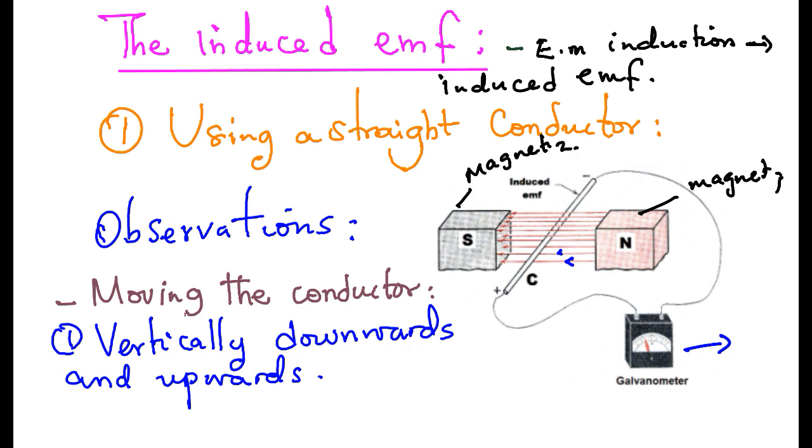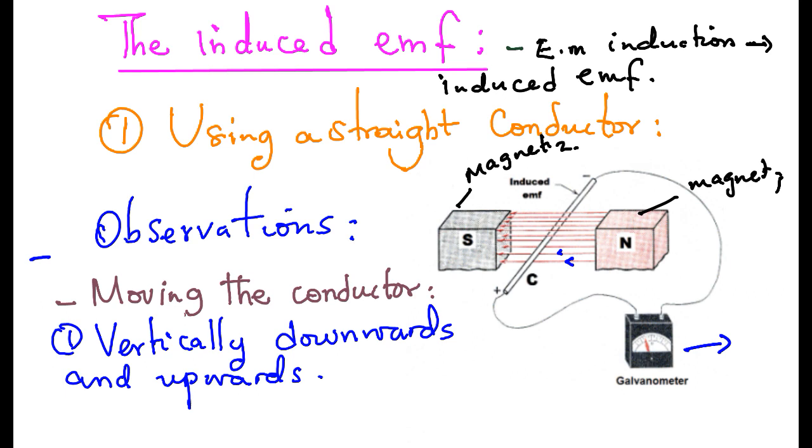The observation made in this case is that when the conductor is moved, the pointer in the galvanometer also deflects.